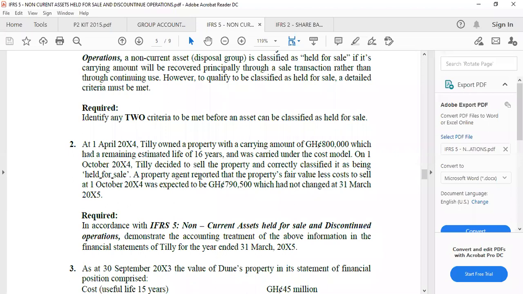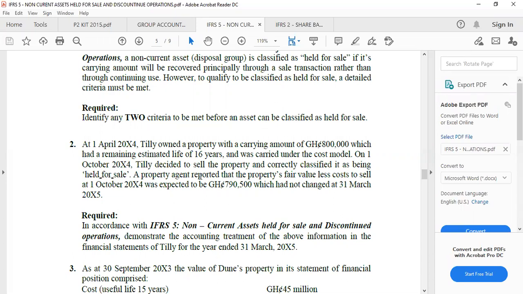Under the revaluation model, after recognizing the gain, you keep the asset at fair value, the highest one. You revalue the asset before you classify it.